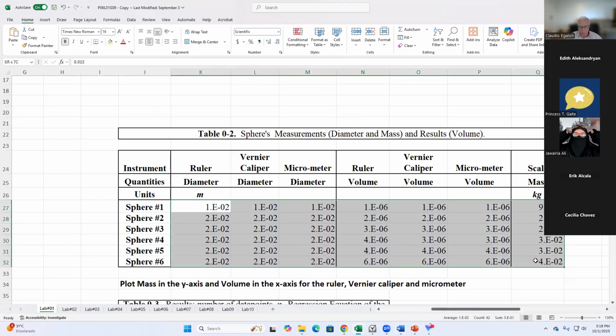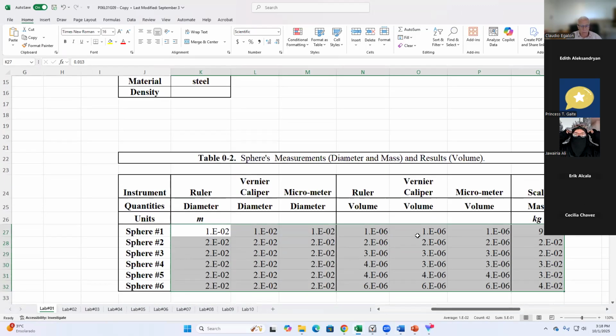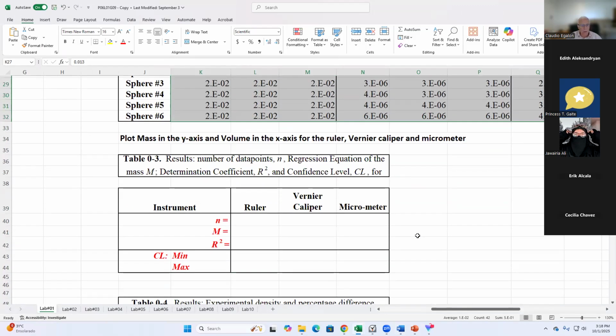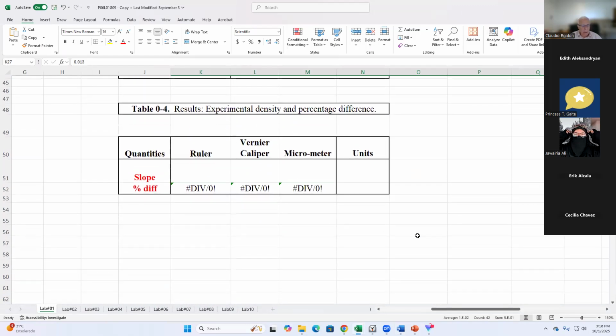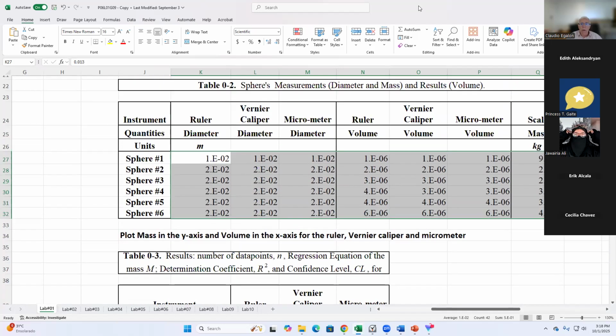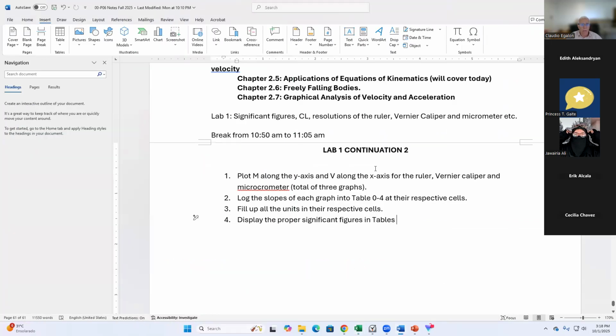You don't have to worry about significant figures elsewhere, but just here. In every cell of table 0-2, display the proper significant figures.